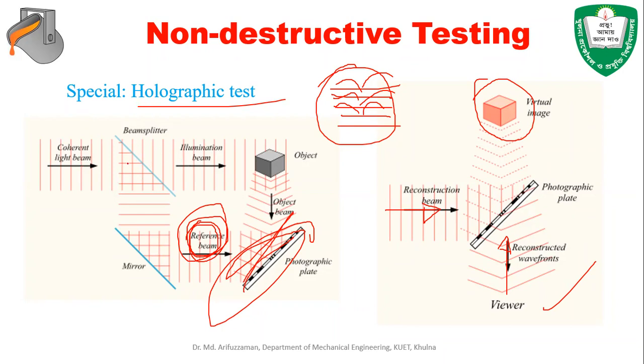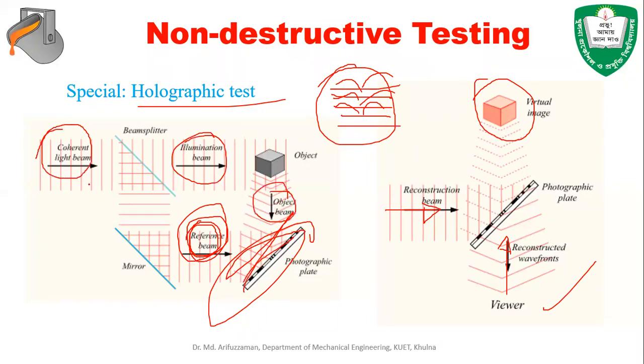A certain constant portion of the beam is reflected from here, that will be predefined, and the rest of the beam will be incident on the object, and that object will emit the light. There won't be any other light, only the split illumination beam will be incident on the object, and then from the object there will be the object beam, to keep the coherent light beam constant.